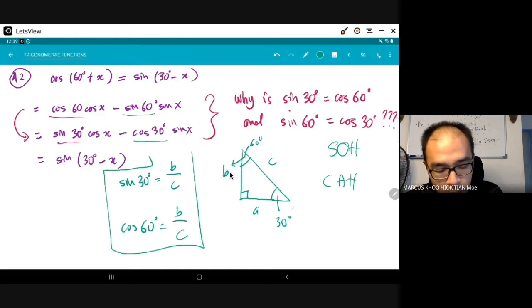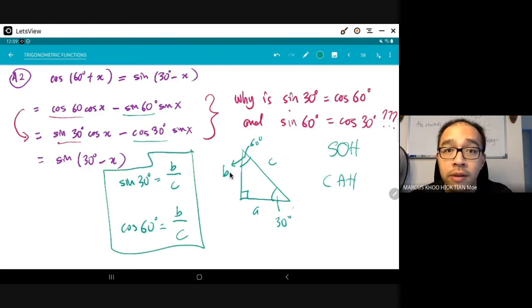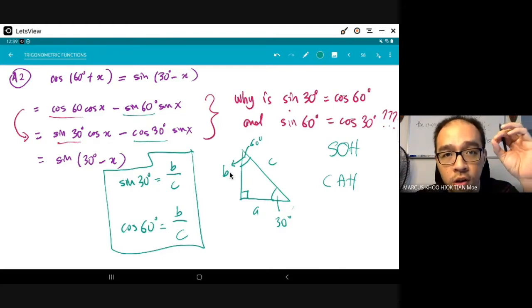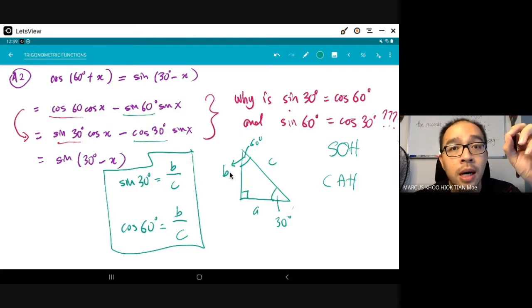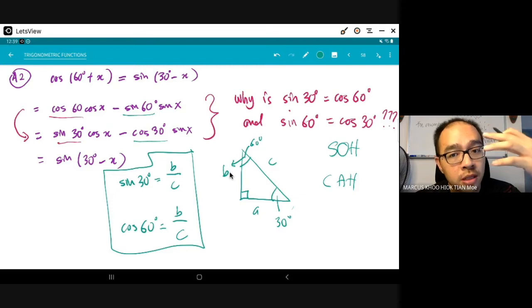And this brings us to a very important relationship which I spoke about in our very first class. I said that the idea of complementary angles is so important because it is not a formula. I told you that you must never memorize this as a formula. Memorize this as a concept.